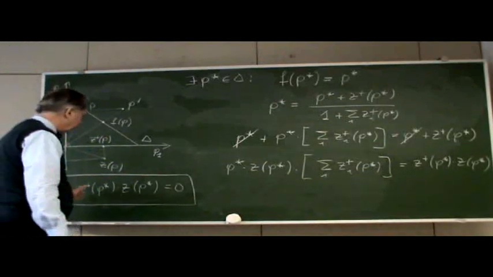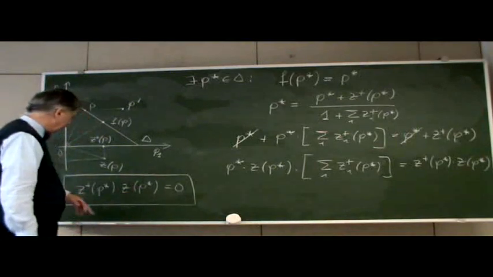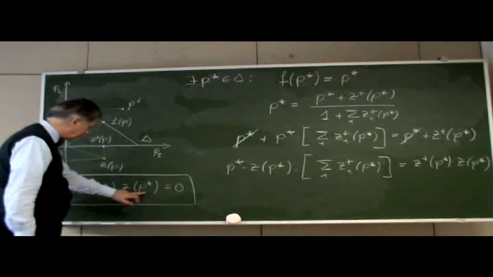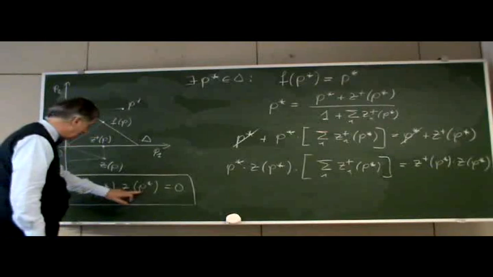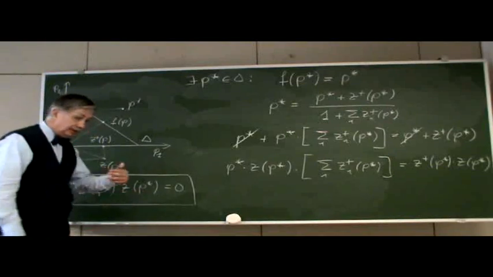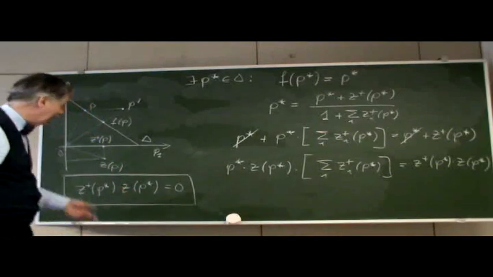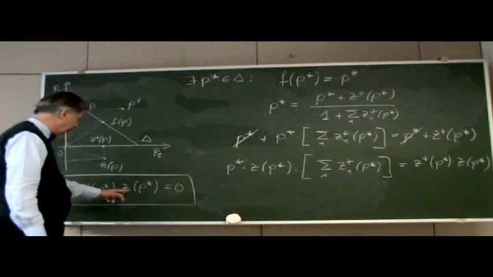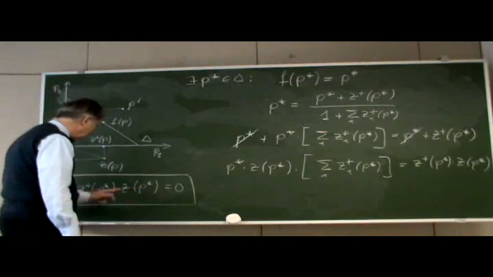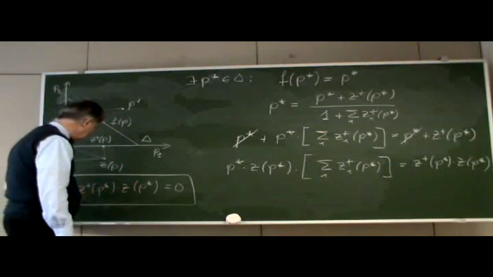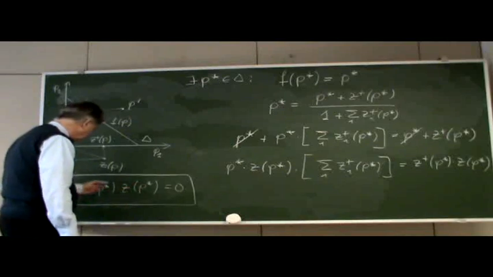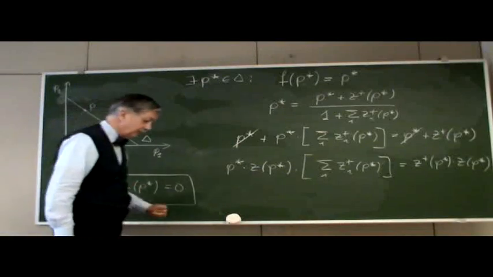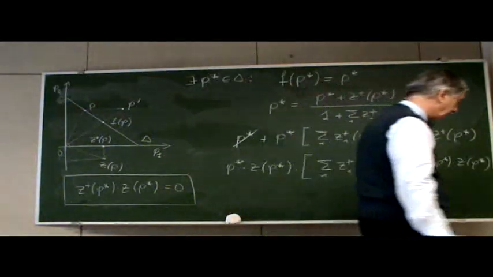So, in this inner product, the product between the negative component of the original Z and 0 gives 0. And a positive component of Z gives a positive component also in Z plus.